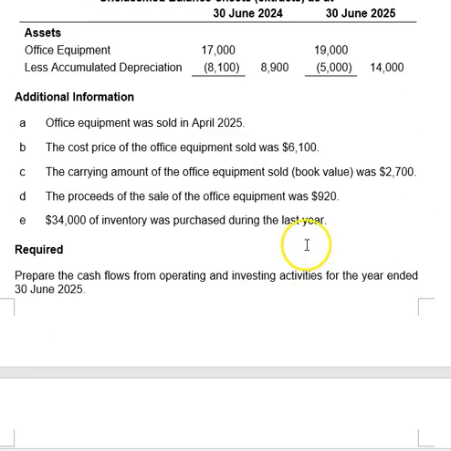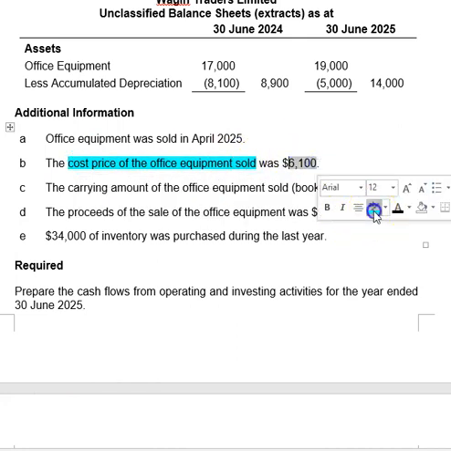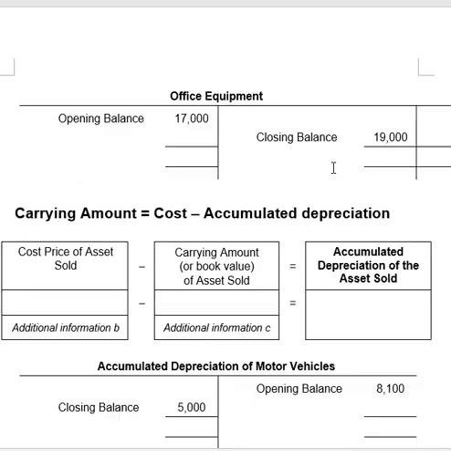So we are going to find out all this information in our additional information. Let's look at this. Number 1, office equipment was sold in April 2025, and the cost price of the office equipment sold, highlight the word cost price, is 6,100. So the cost price of the office equipment that I've sold is 6,100.